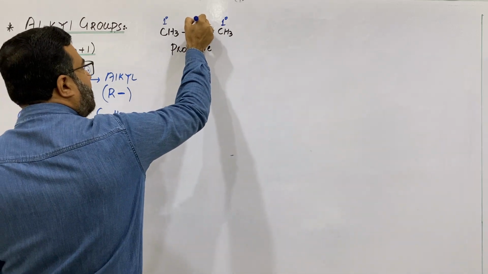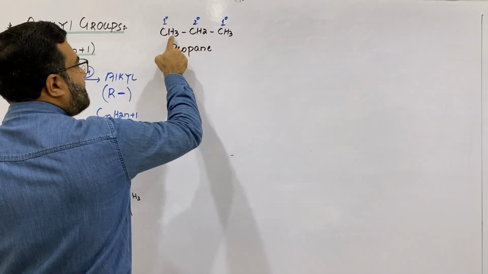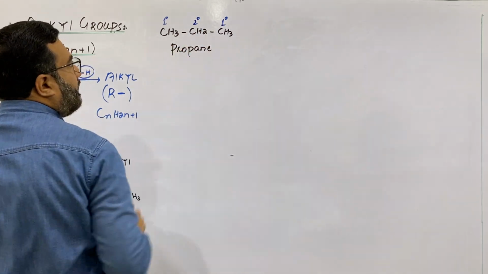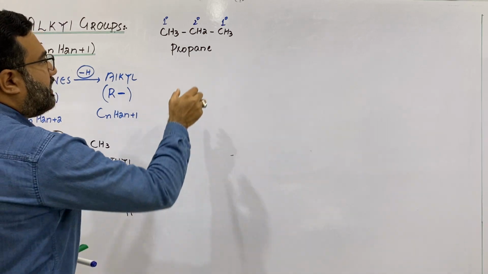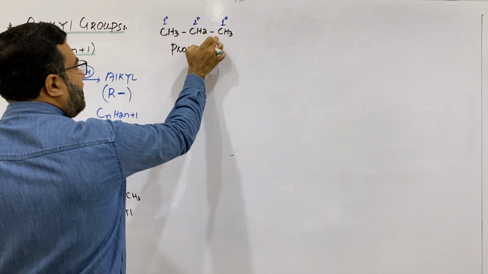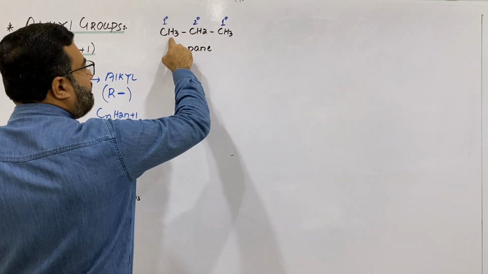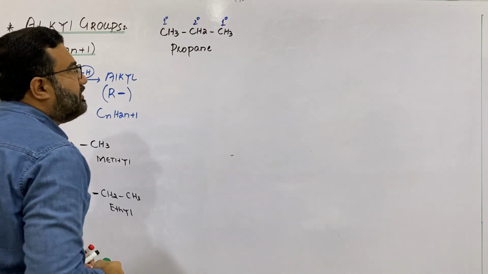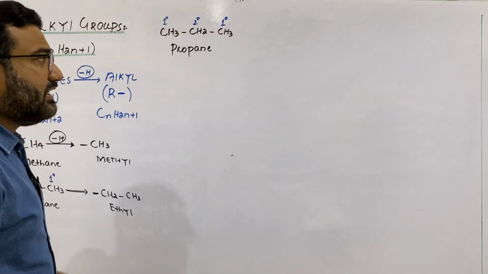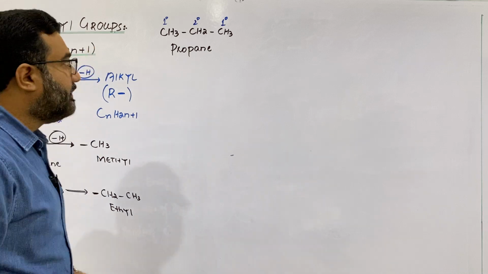But the central carbon is secondary or 2-degree carbon, because this carbon is directly attached to the two carbon atoms. So a carbon directly attached to only one is primary, and a carbon directly attached to two, that is the secondary. These 6 hydrogens will be the primary hydrogens, and these 2 hydrogens will be the secondary hydrogens. The same designation is given to the hydrogens as that of the carbon.